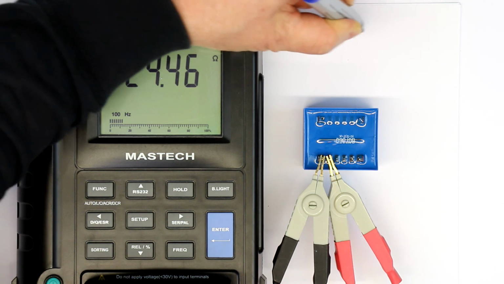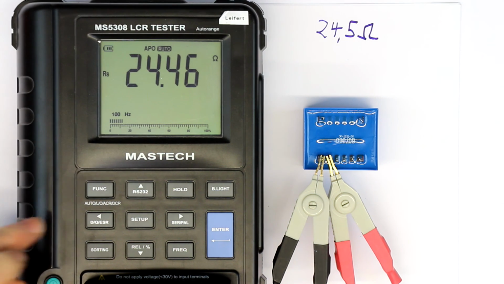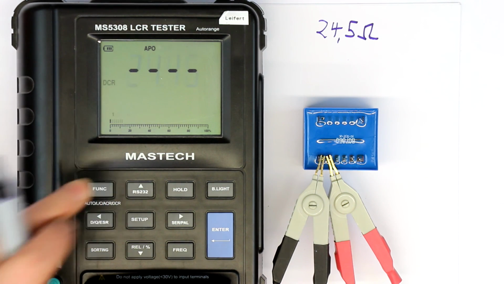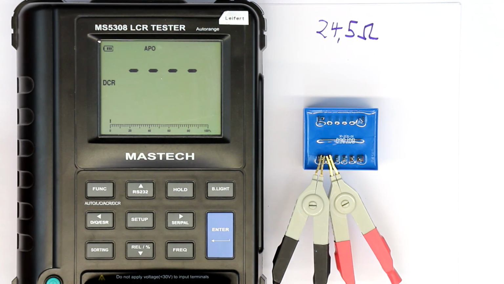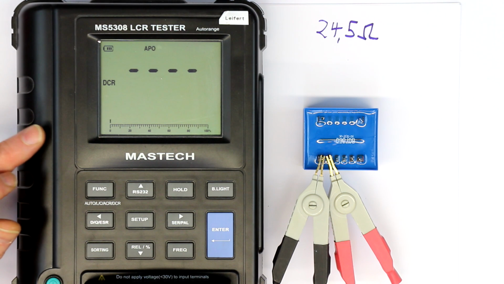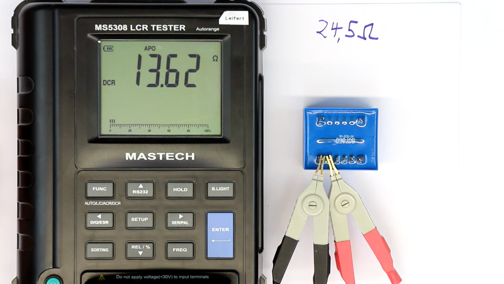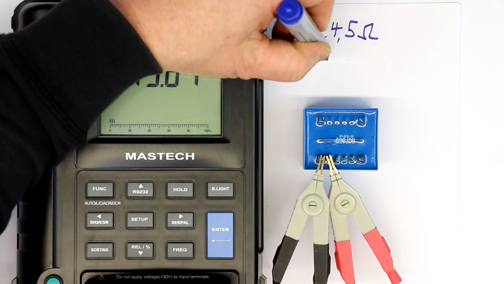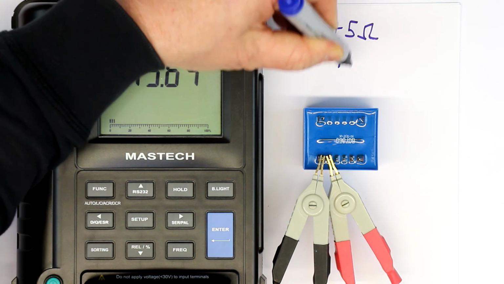24.5 ohms. And you might think, well, this must be the DC resistance. Well, no, it's not, because it always takes a little bit longer for the LCR meter to measure the DC resistance, and it displays 13.6 ohms. So we have two different values.